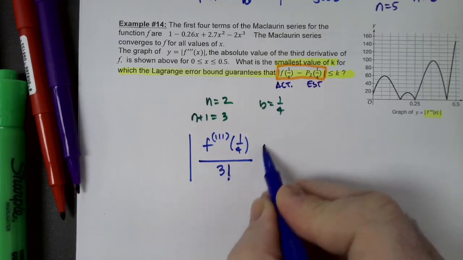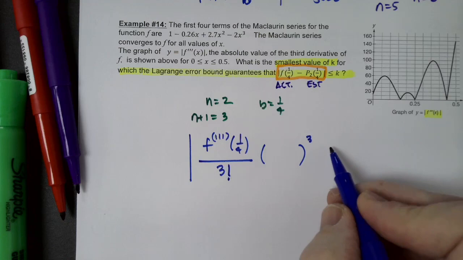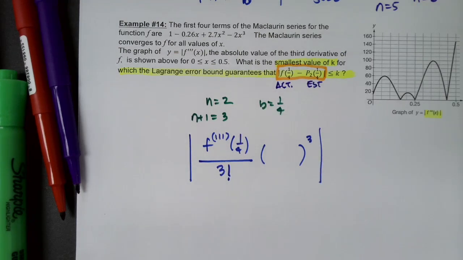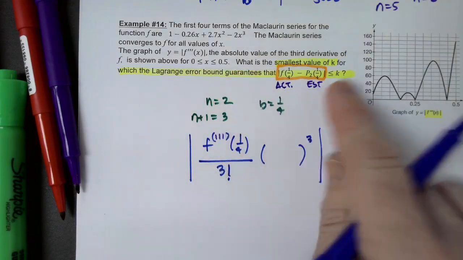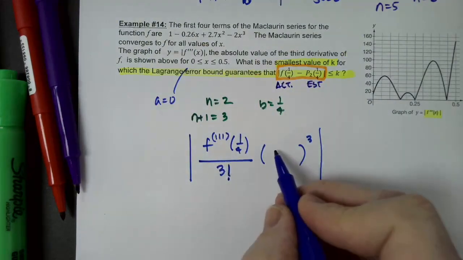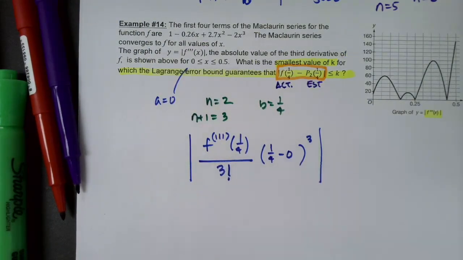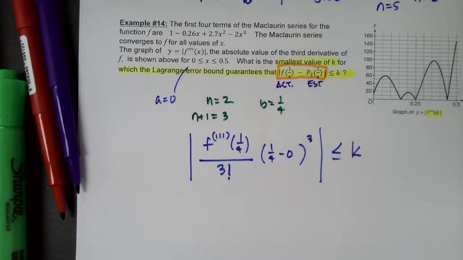And then also, our x minus a will also be to the third power. Now, this one says, hey, we're going from 0 to 0.5, so let's use a as 0. Our b value is 1/4 minus 0, and we're saying this has to be less than k. What will that be?